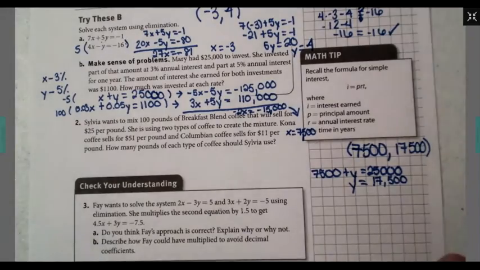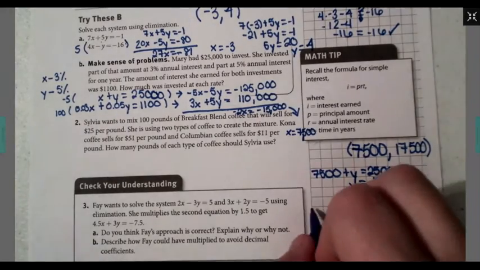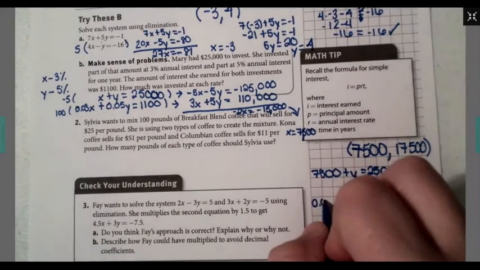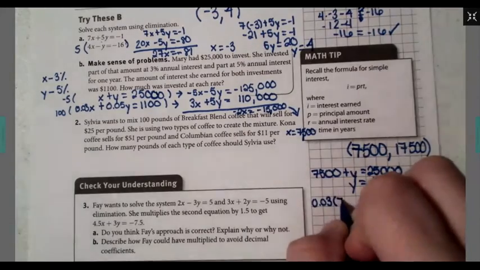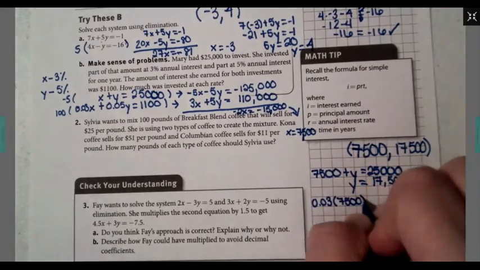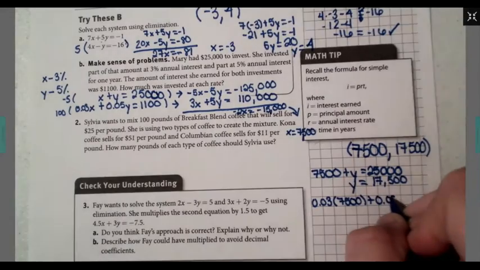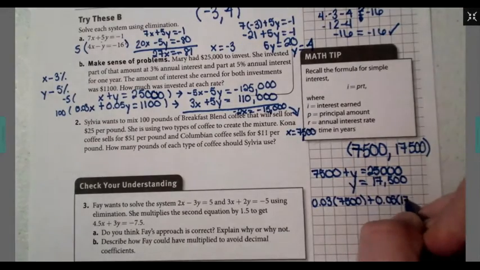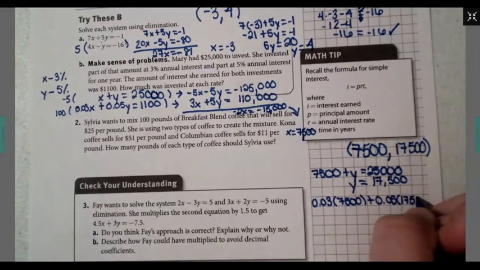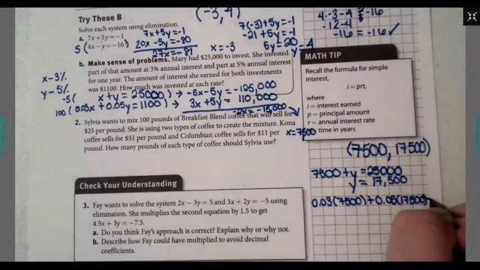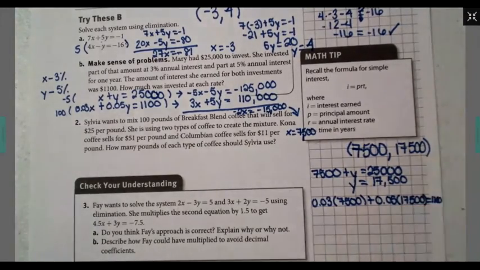Now, don't forget, we always want to check it in that bottom equation. So we've got 0.03 times 7,500 plus 0.05 times 17,500, and this should equal 1,100. But we're double checking this, right?